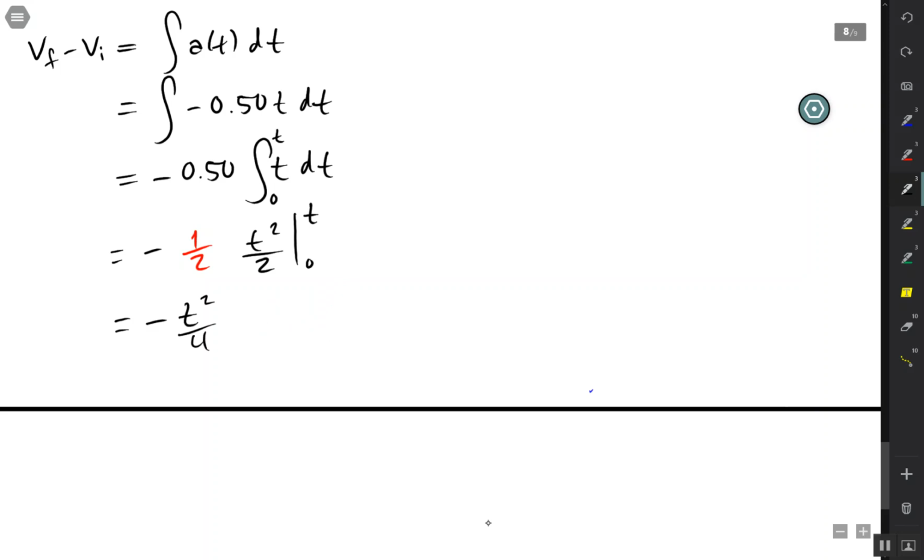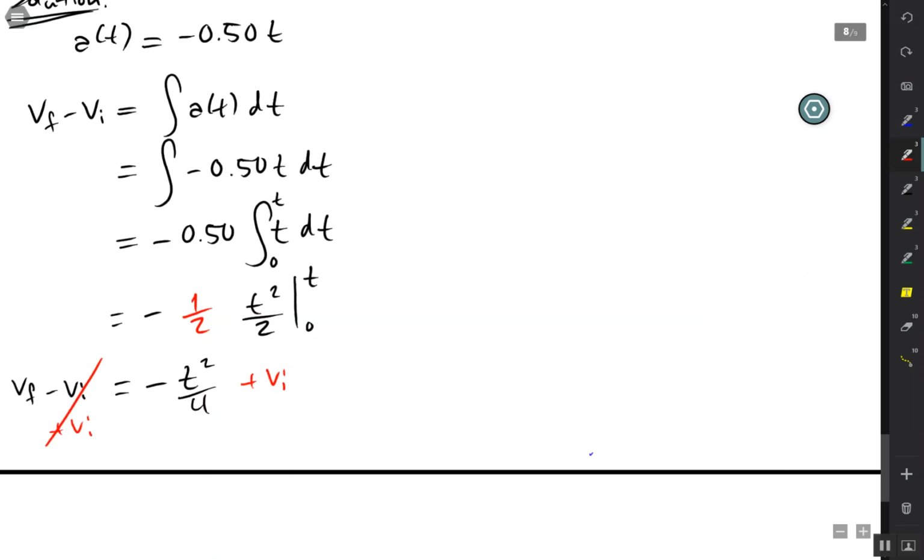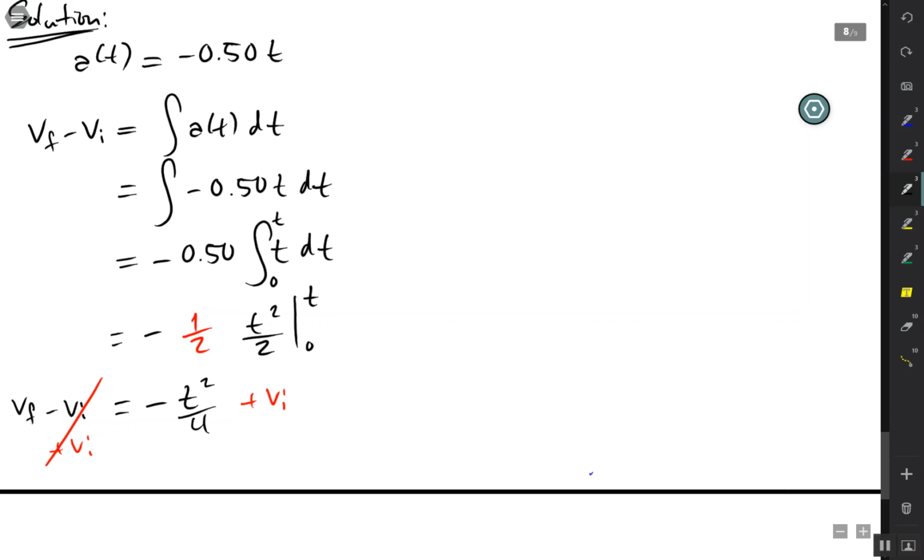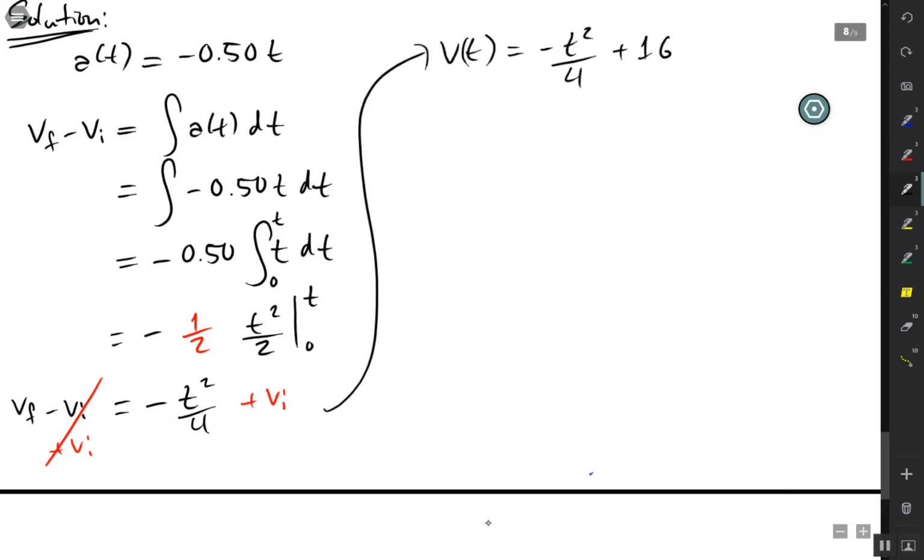Now we still have this on the other side, so I'm going to add the initial velocity to both sides, so that will cancel out. Which gives us another function, plus the initial velocity, which was 16 meters per second.